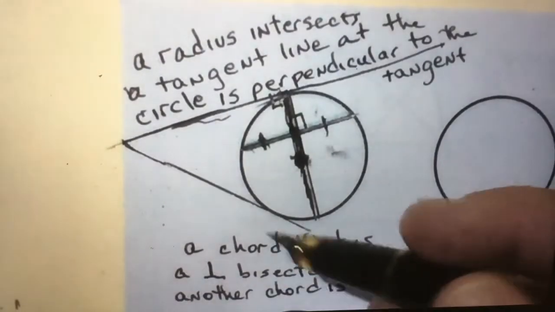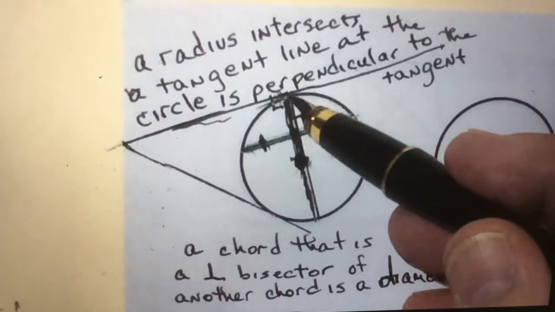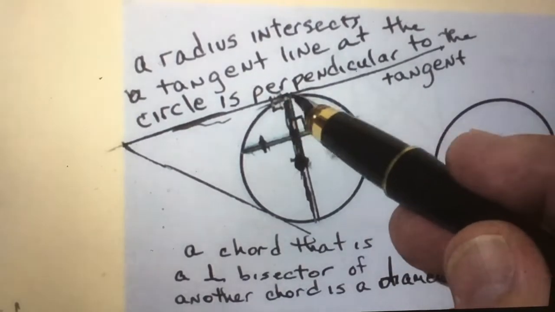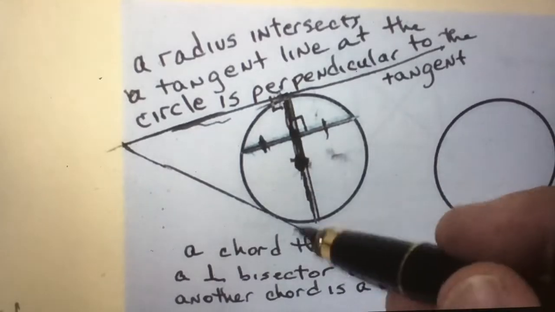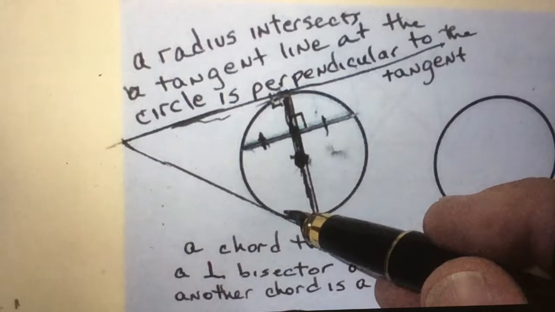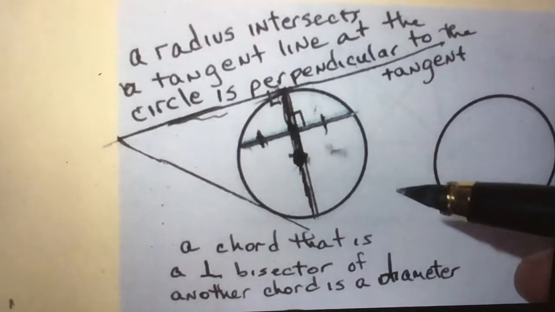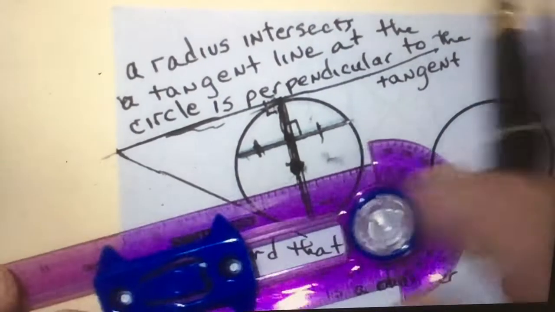If you have two tangent lines, I've got one line here that intersects the circle in only one point. I've got one line here that intersects the circle in only one point. Now, they don't necessarily have to intersect because they could be parallel to each other.